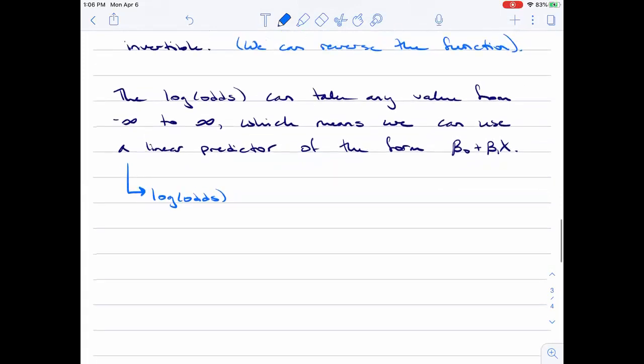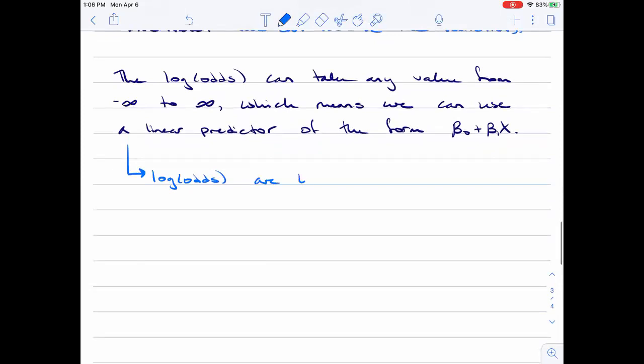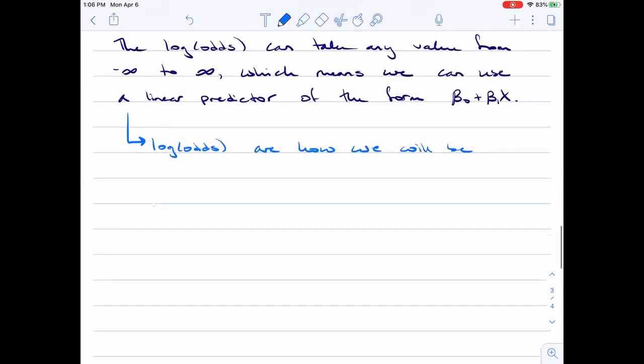How we will be able to use linear regression. Okay, so how it works, and I'm going to do the math, the textbook didn't go through and do the math, but I think it's very simple and it outlines some important things that we'll use.